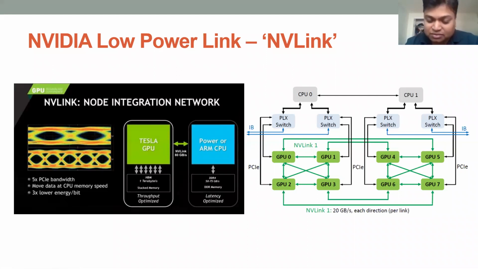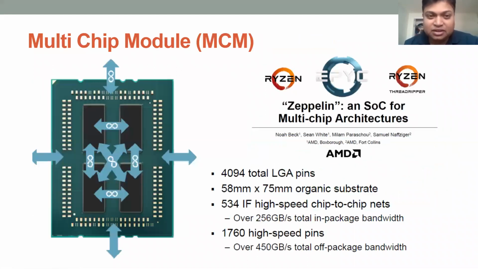One good example I could find was from AMD, who made a public demonstration of this link, where they actually put multiple cores like the GPUs on the same package, right? This one is showing 4 cores of those. And these are the links that they have.